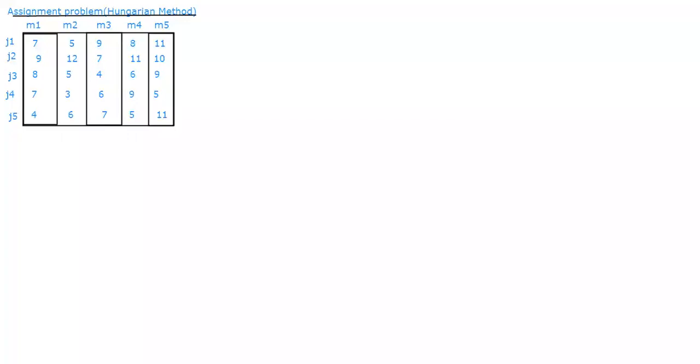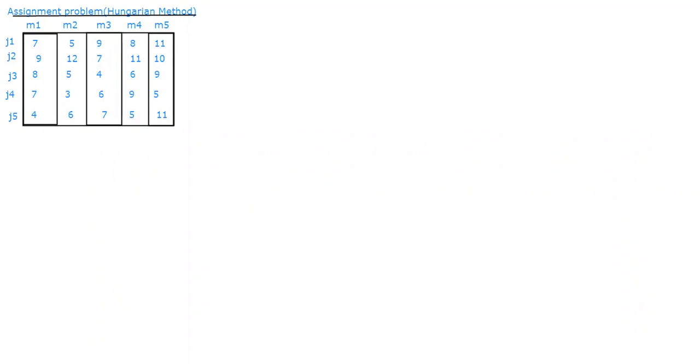The problem asks: a company is faced with the problem of assigning 5 jobs to 5 machines. Each job must be done on only one machine. The cost of processing each job on each machine is given below. Whatever numbers are given in the table are the cost.